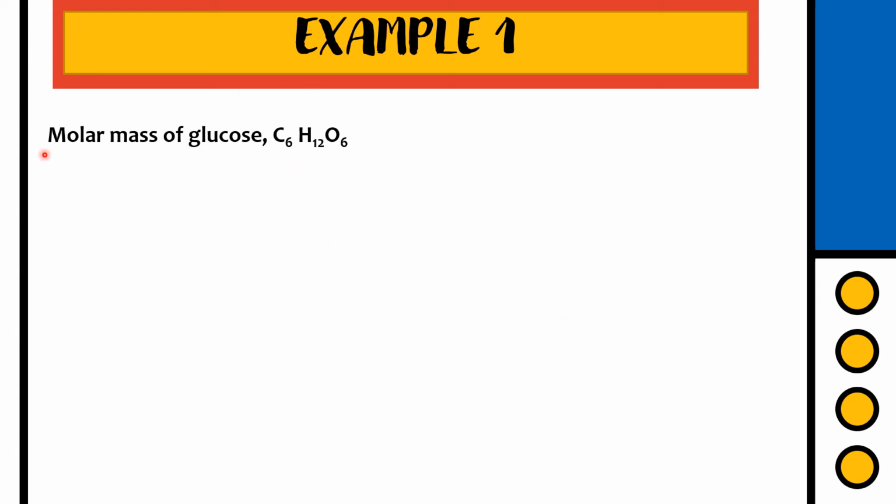Okay, what is the molar mass of glucose? Dalam molekul glucose, it consists of 6 carbon atoms, 12 hydrogen atoms, and 6 oxygen atoms. So, kita nak tahu berapa molar mass untuk satu molekul glucose.